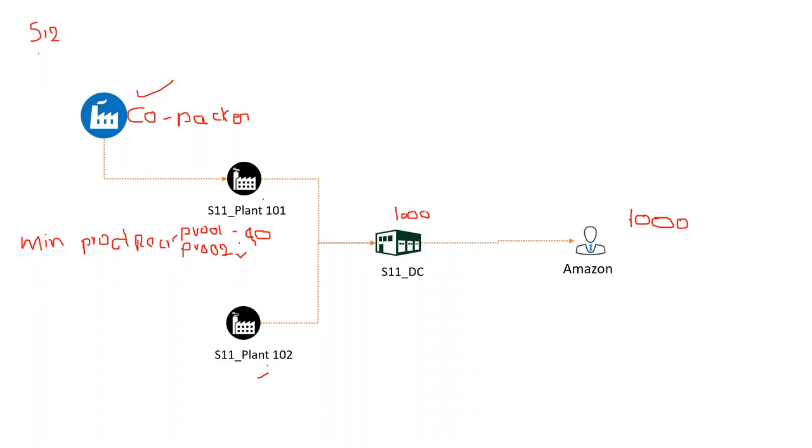Now when I talk about the minimum aggregate, I can just say it at an aggregated level. So I'll say the minimum aggregate production for the product S12, or let's say the max aggregate production for product S12 is 0.